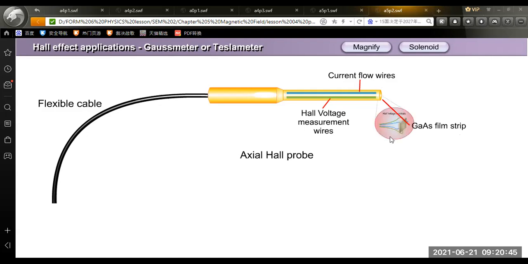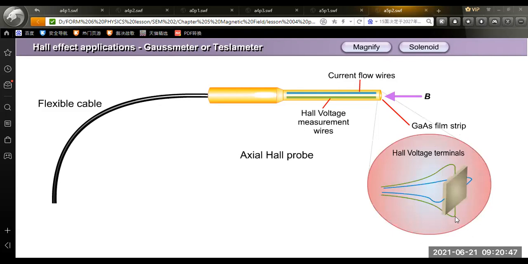Magnified, you see here the conductor, with current flowing through it, applied with a magnetic field. Now there is no magnetic field yet, right? But the Hall voltage is measured.